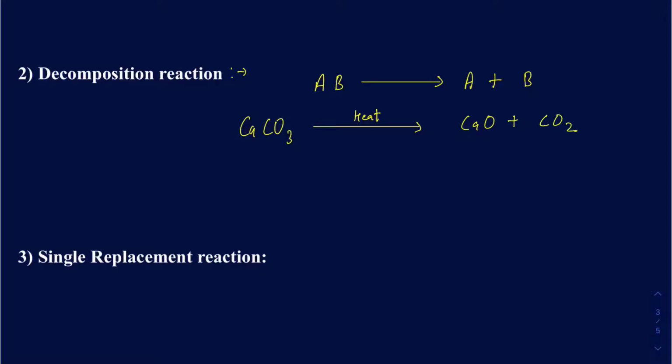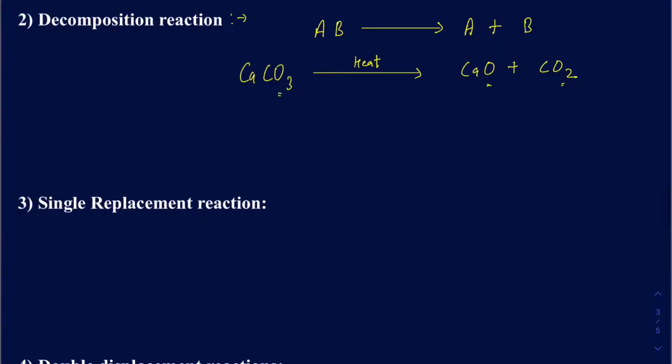So you have a big chemical and it gets broken down into two smaller chemicals. When I look at balancing the equation here, it seems like everything is already balanced. You have three oxygens on both sides, one carbon on both sides and one calcium on both sides. So that's already balanced.